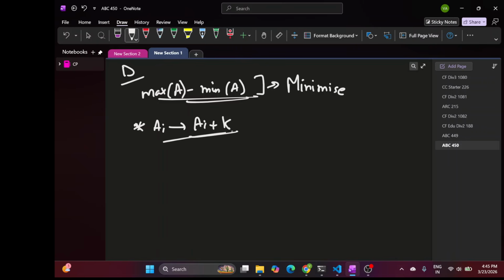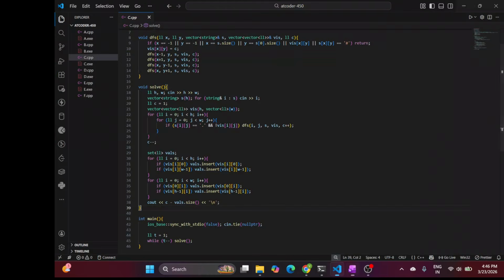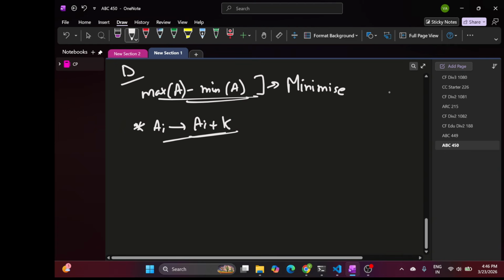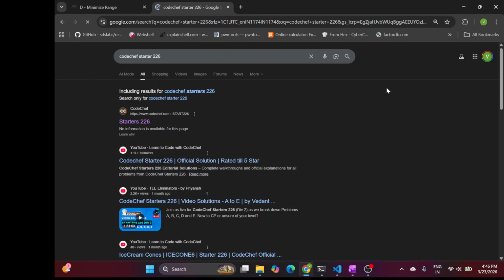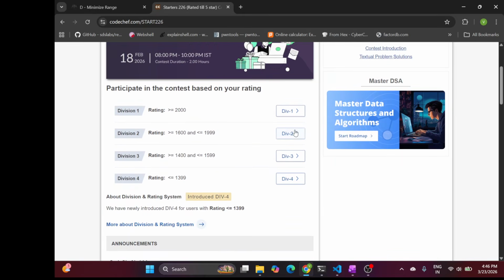Actually, this question is very similar to a different question that came just a few days ago. So I'll show you that question first. It came in CodeChef Starters 226, and I believe it was problem C or D of Division 2.